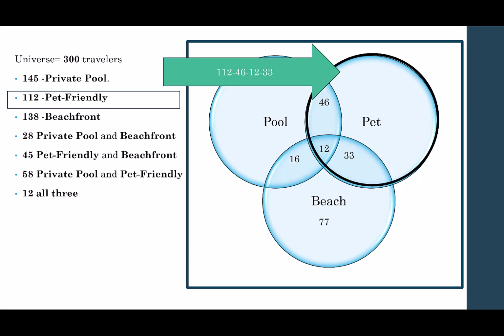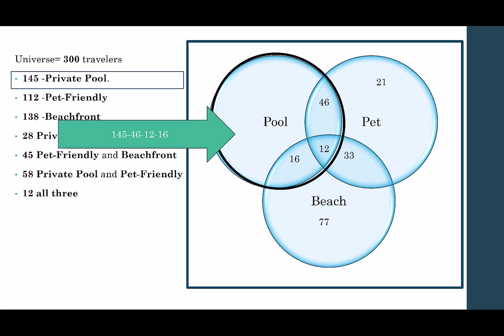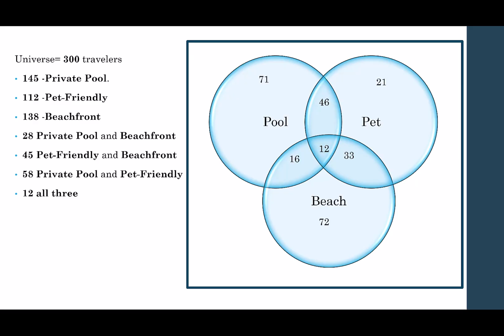To get this number, we're going to subtract 46, 12, and 33 from 112, which gives us 21. Our last big circle is for private pool. Looking at this circle, we know we're supposed to have 145, so we'll subtract 46, 12, and 16 to get 71.